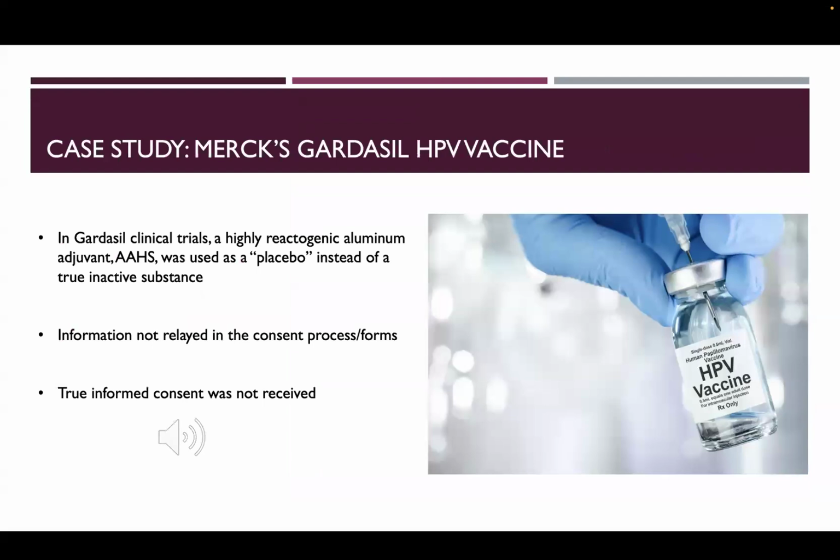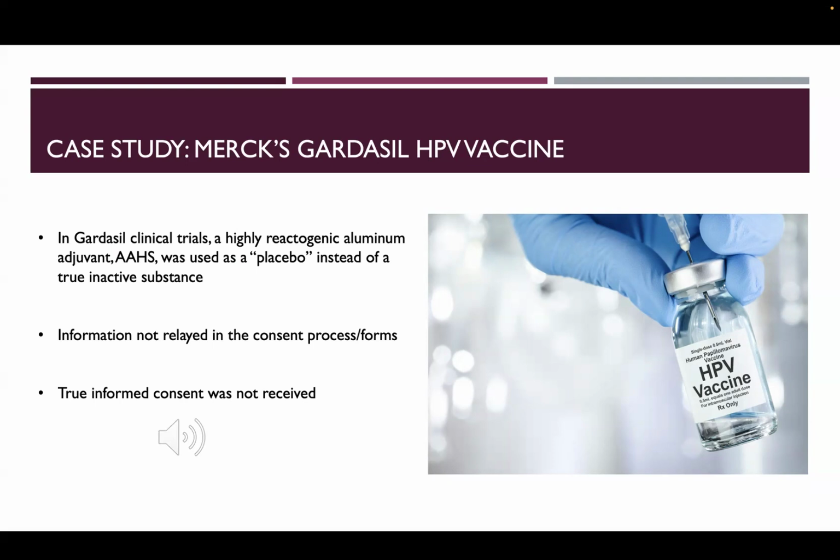The case study we'll be reviewing today is Merck's Gardasil HPV vaccine and the ethical concerns about its informed consent process. In this clinical trial, a highly reactogenic aluminum adjuvant, also known as AAHS, was used as the placebo instead of a true inactive substance such as saline.